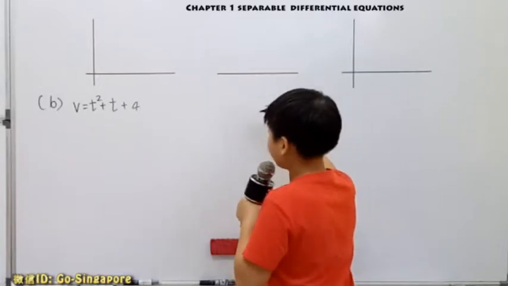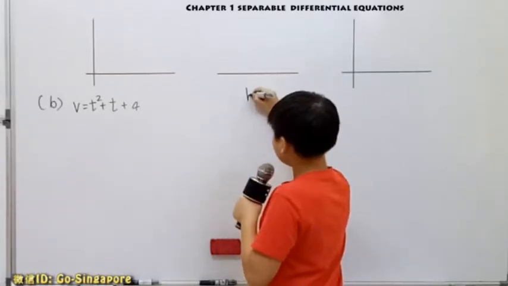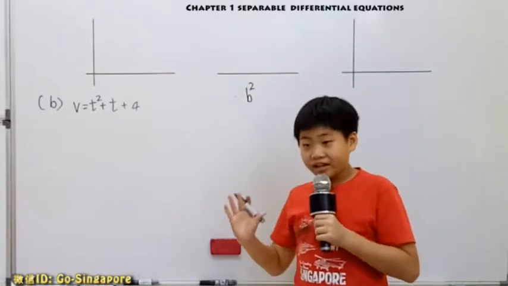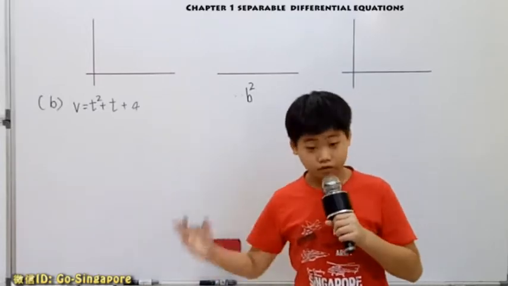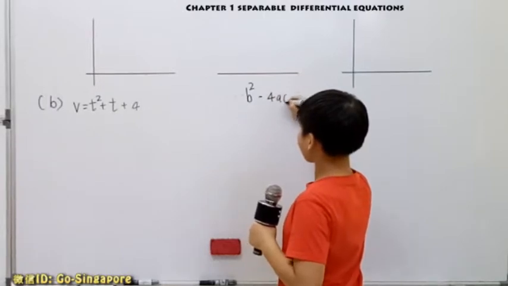So we must check whether it went back. This looks familiar because it is the quadratic formula that we have been using many times.